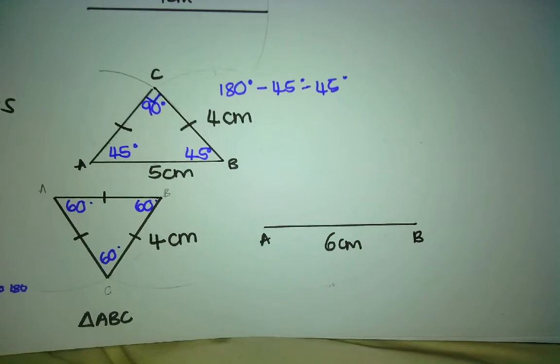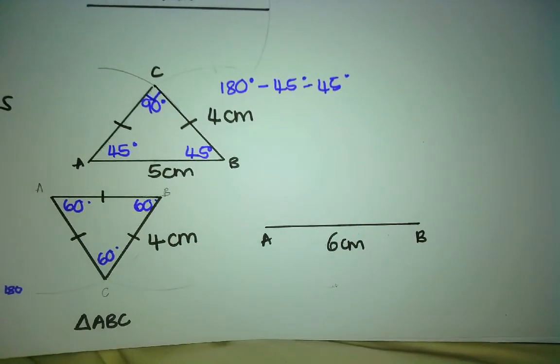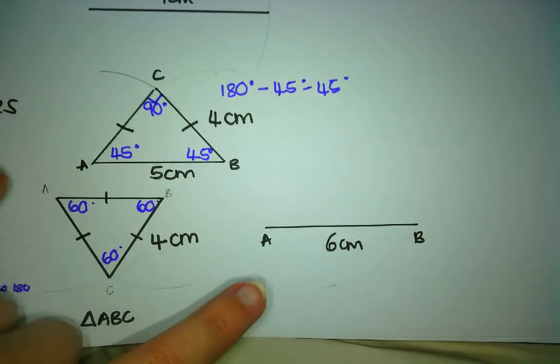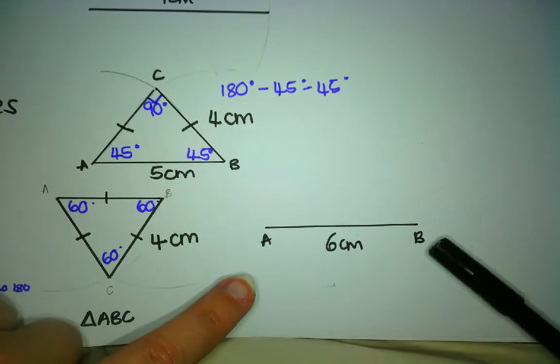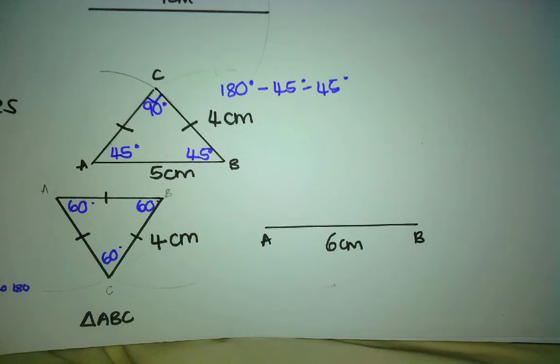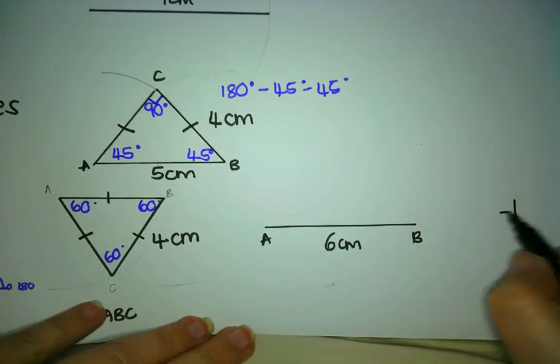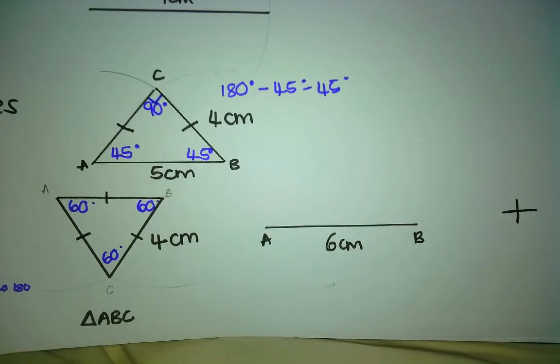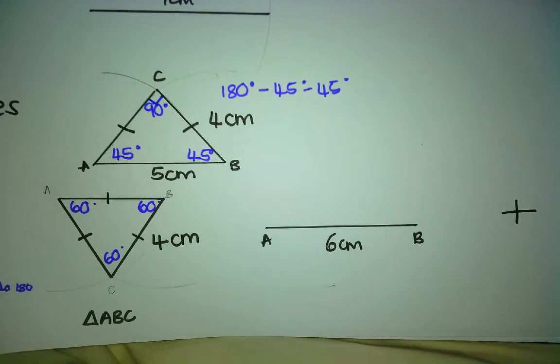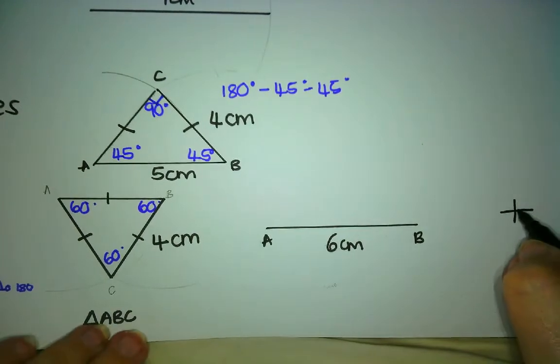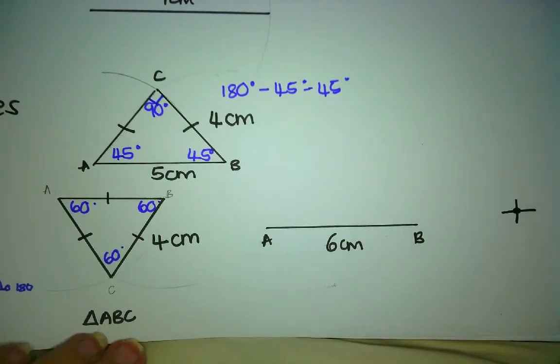Alright, so what we're going to do now is we're going to take our protractor. I don't seem to have one. So if you take a protractor, you're going to make sure it's got this little cross point. It's got a cross, and that's called your origin, or sometimes in some of these protractors it's got a circle in the middle.